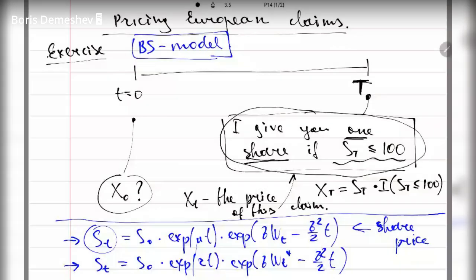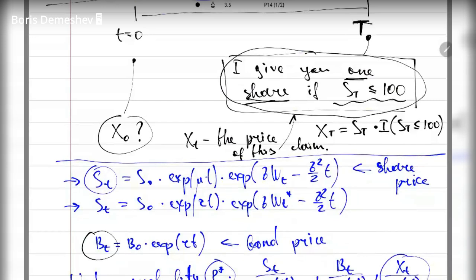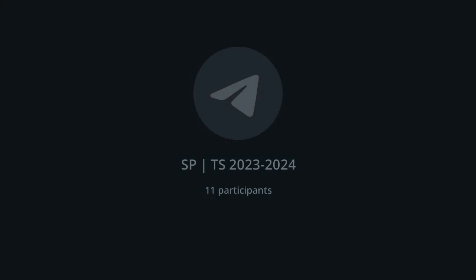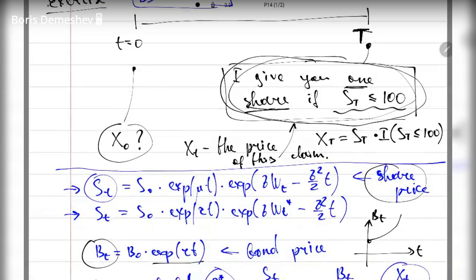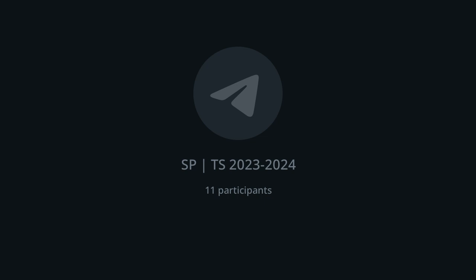So basically we have three assets. One asset is a riskless bond price that just goes up. This is T, this is BT. We have a riskless interest rate, and that just goes up. We have a risky share, and we have an asset that is obviously linked to the share price.